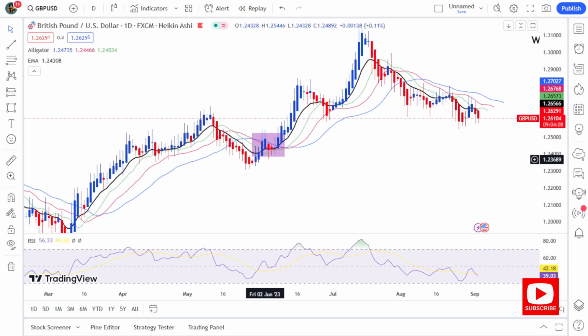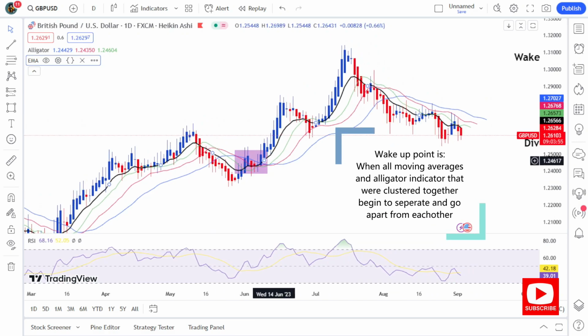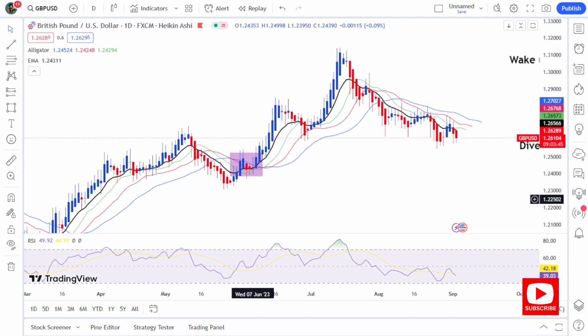In cases like this, it means that the Alligator is asleep. And for it to wake up, this moving average 10 has to cross over all the Alligator moving averages. Once it crosses all the moving averages, then it is a wake up point.